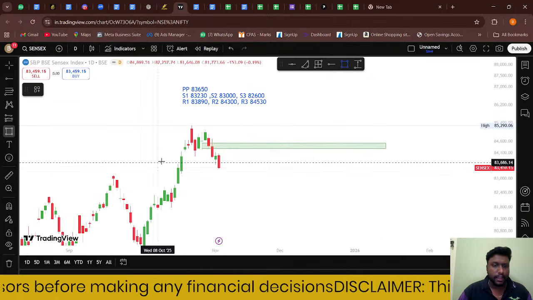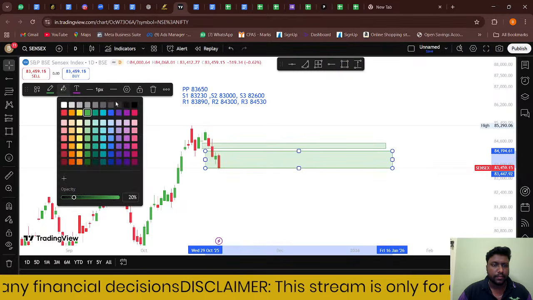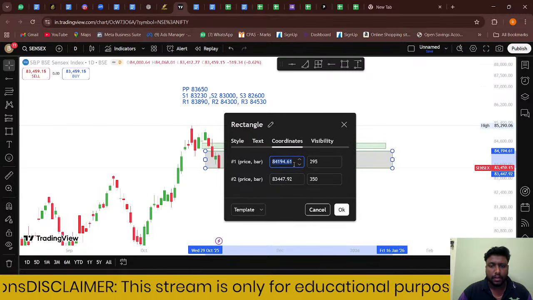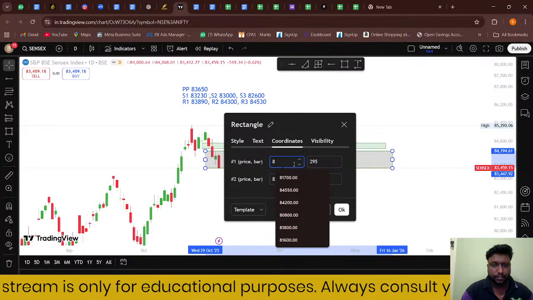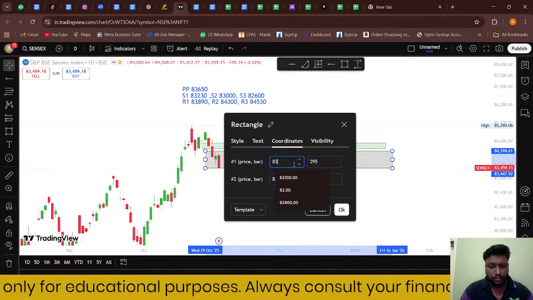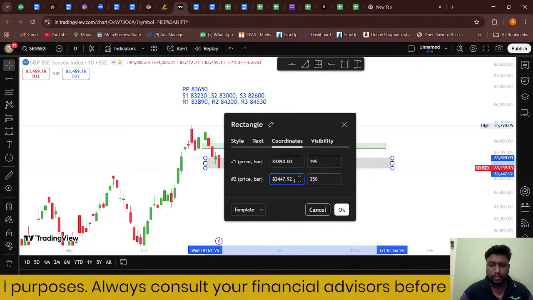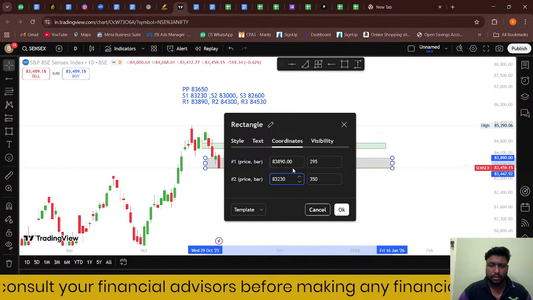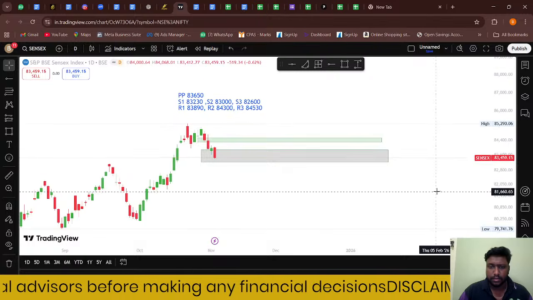And if it is staying consolidated, let's mark that out also. It will be between R1 and S1. R1 is at 83,890, and support 1 is at 83,230. So we have quite a broad range for this.